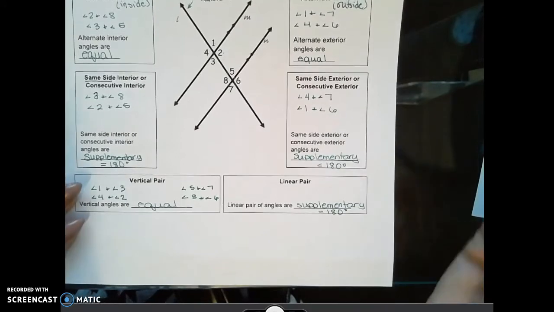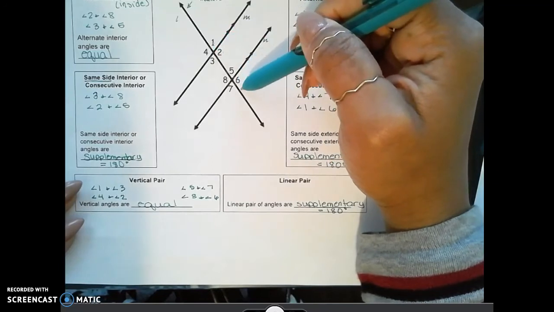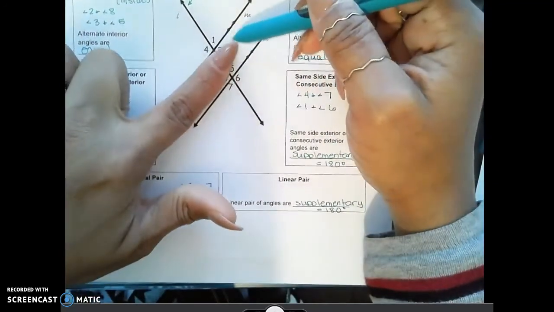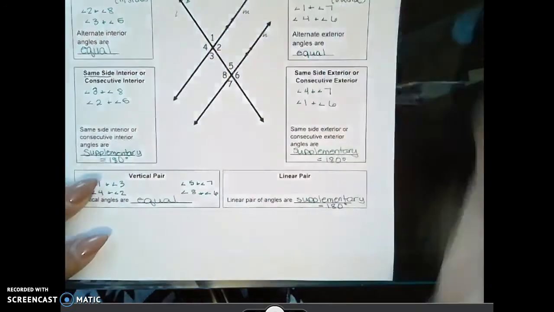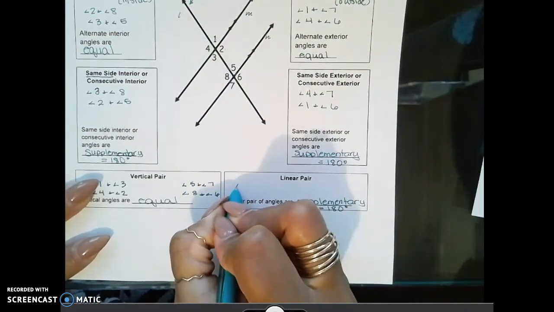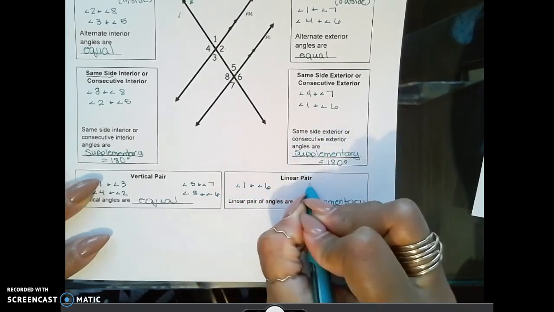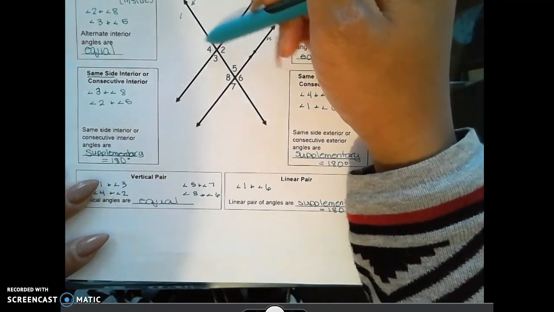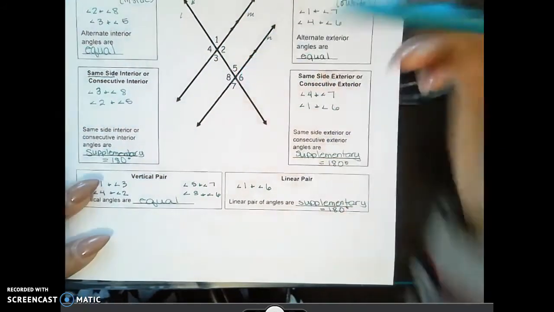So my linear pair will be angle 1 and angle 6. If I got rid of this middle part and I had angle 1 and angle 6, you'll see that it makes a straight line. Or we also look at angle 4 and angle 7, which will make a straight line.